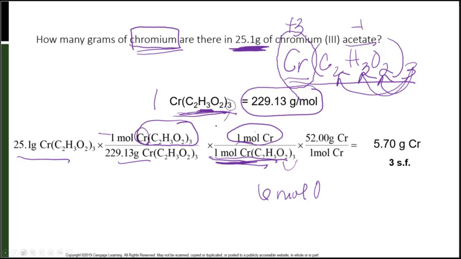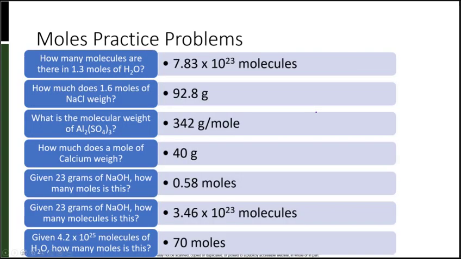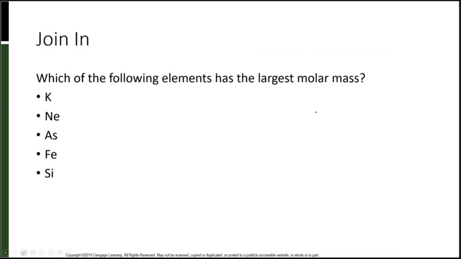Well, there's 3 times 3 is 9. There's 9 moles of hydrogen. So that would be on top here. And then we would do 1 mole of chromium and then look at getting to grams of chromium. So look at the periodic table. Again, if you want to pause and take the time, if you feel like you want some more practice, the answers are on the right. So just cover up the answers and try to solve them.